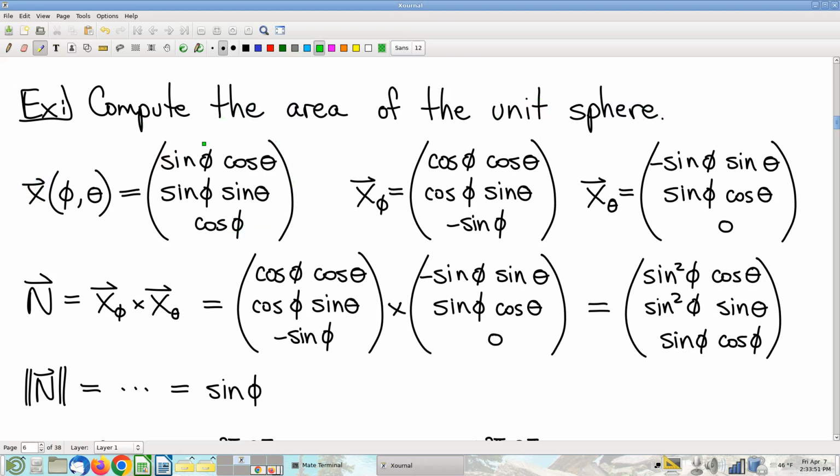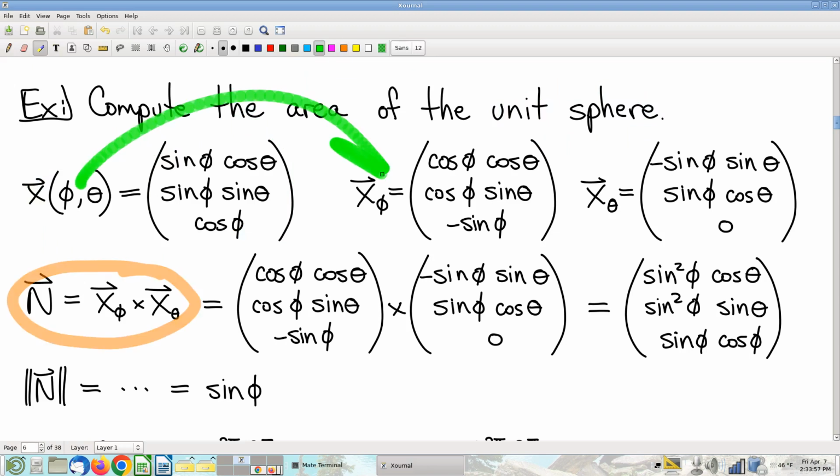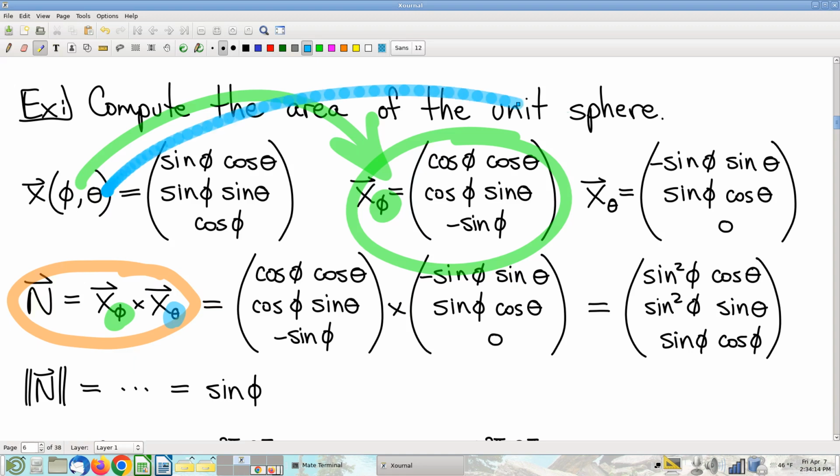Now, in order to compute our capital N vector, apparently I'm going to need to know the phi partial of X. So you have to take that phi partial of X. A little bit of calculus. Y'all can check the algebra on that. Notice I'm also going to need the theta partial of the parameterization. So you do the theta partial. You get this thing right here.